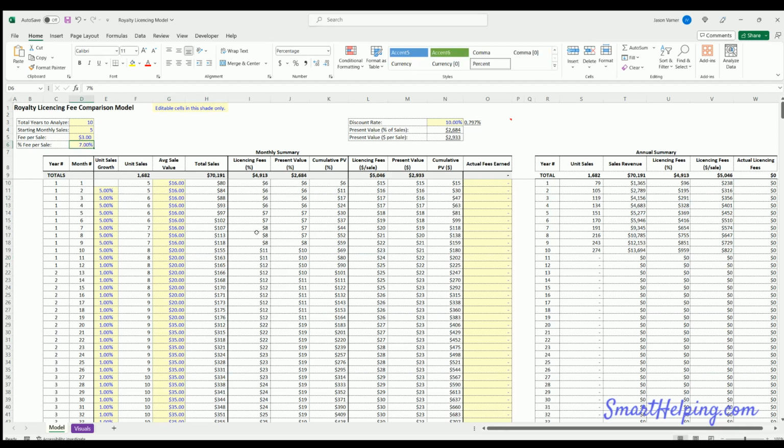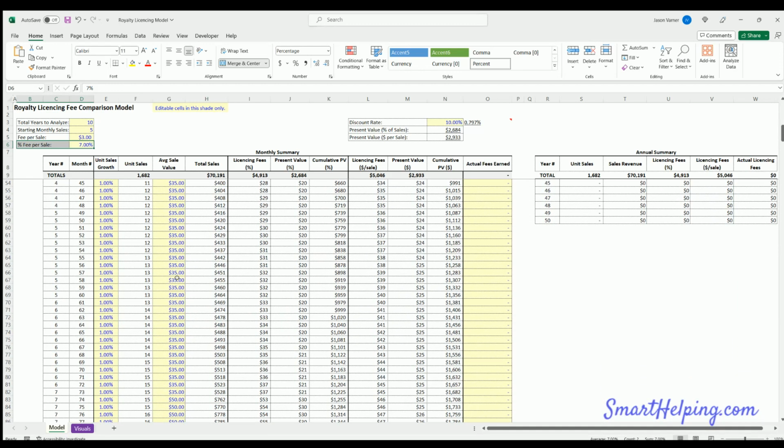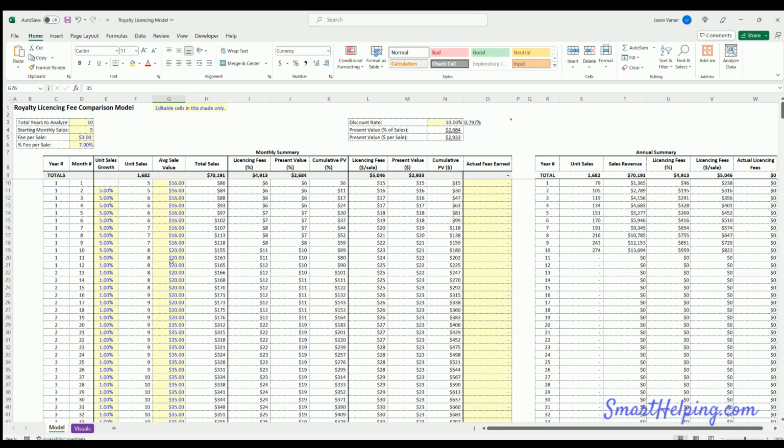Okay, so and this gets very interesting because you've got a couple factors at work here. If you're taking a percentage fee per sale, it might be worth more per sale in the future if whatever you're making money on gets a price increase. But the flat fee might give you higher earnings initially because this flat fee might be a higher percentage of the total value at sale at the beginning compared to whatever this percentage is.